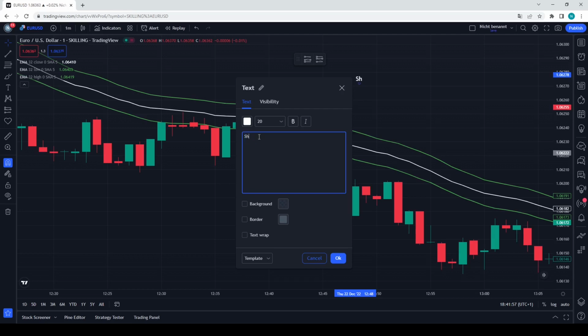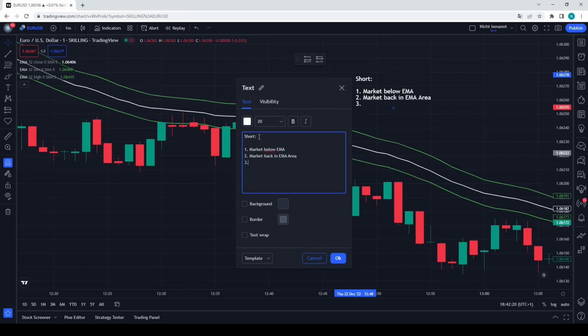So for a short trade, we want first market below EMA. Second, market comes back in the EMA area.